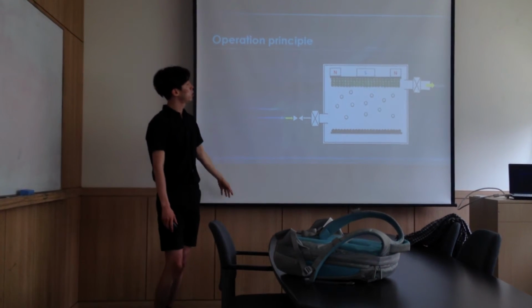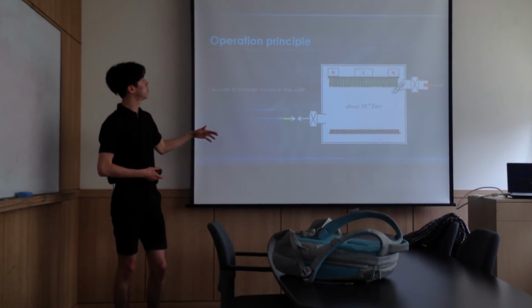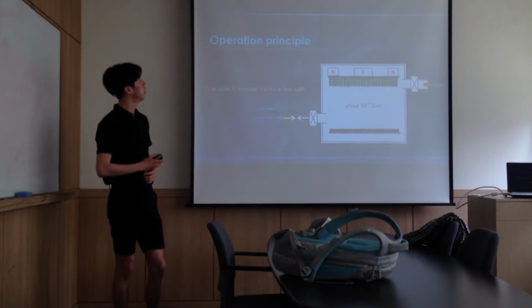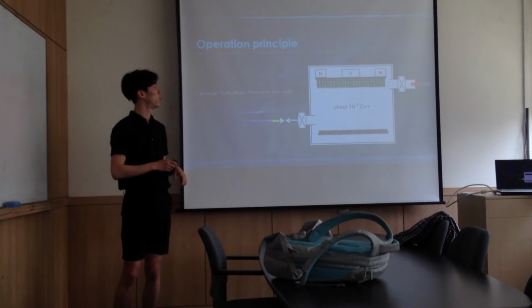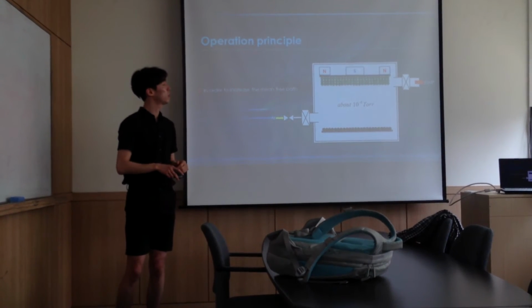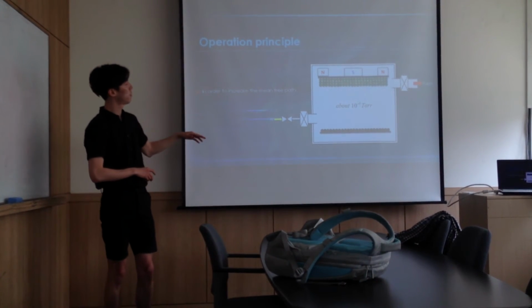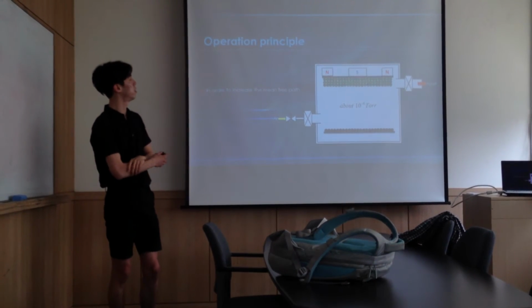First, in order to increase the mean free path and reduce the energy loss of argon gas, we have to create a high vacuum state in the chamber.